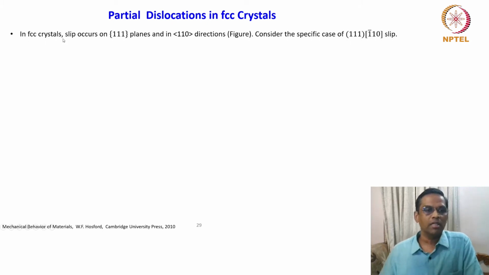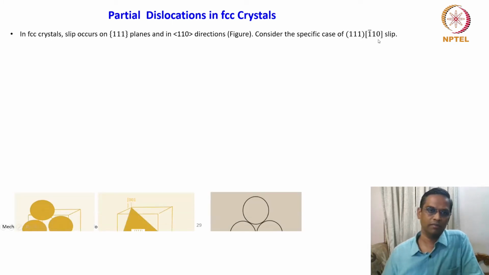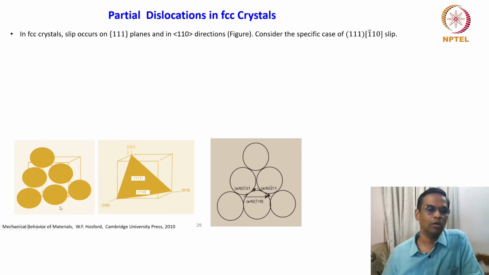In FCC crystals, slip occurs on {111} planes and in <110> directions. Consider the specific case of the slip system (111 bar) [110] direction. So this is the schematic of the 111 plane, and this is the 110 direction.